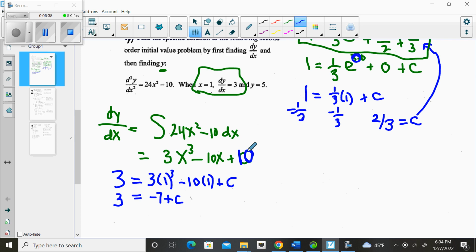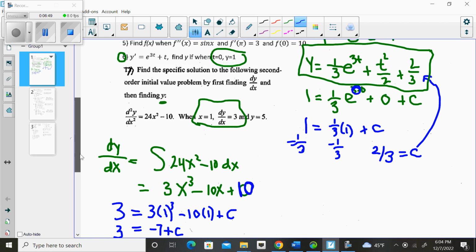And I have the answer key in front of me, so let me just double check this. Okay, I'm sorry, hang on. Number 7.